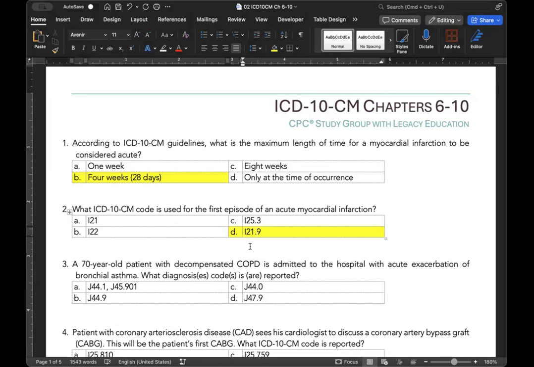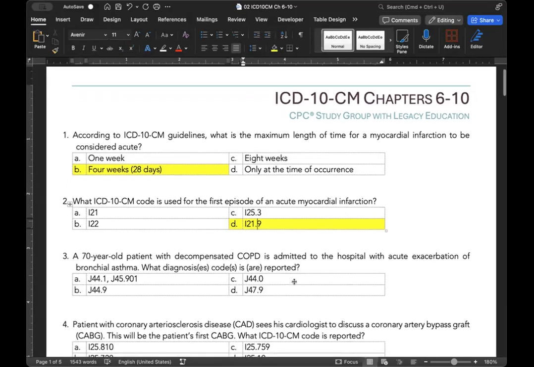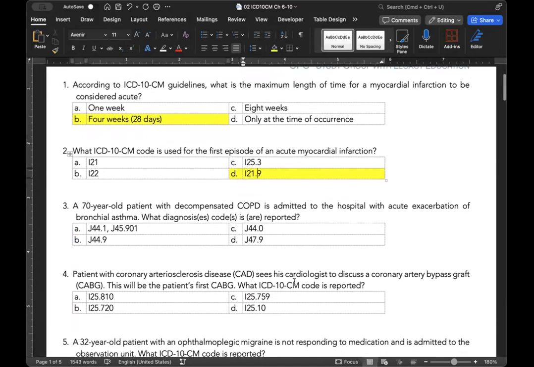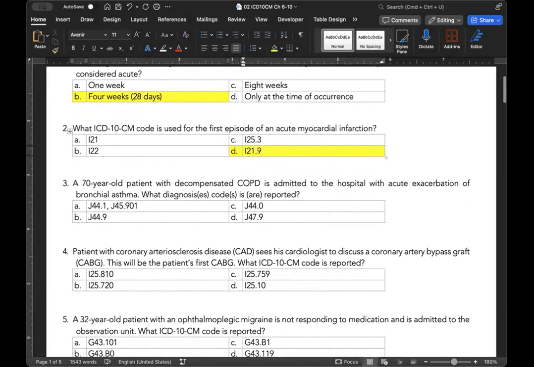Sorry, I was looking at a different line that had the 25. Any questions on number 2? Okay, so let's look at number 3.